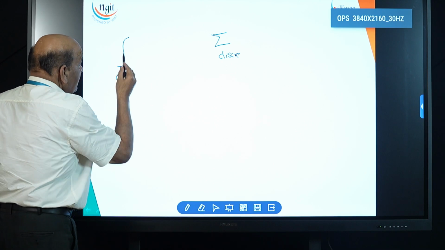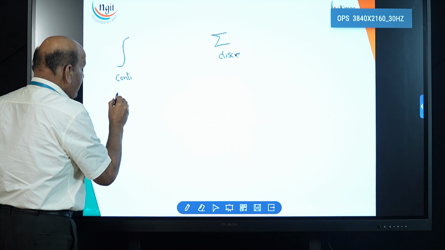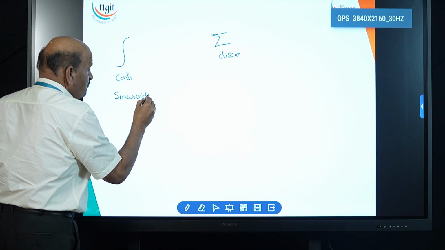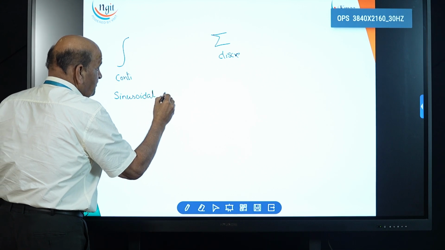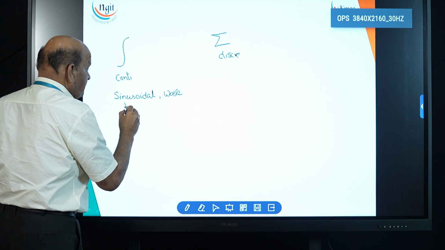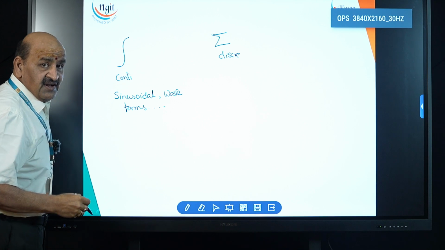Next one. In continuous time signals, for example, just look at a sinusoidal curve or waveforms. Sinusoidal curves and waveforms are all examples of continuous time signals.